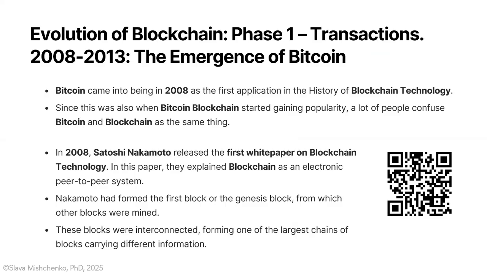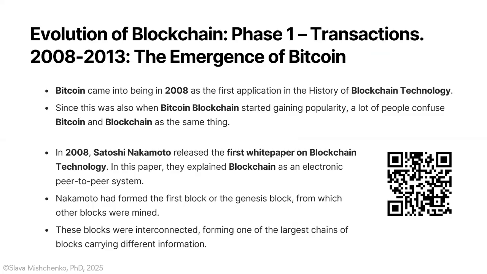But when Satoshi Nakamoto released that first white paper in 2008, I remember how it sent ripples through the financial technology community. And what made it so revolutionary was its description of blockchain as an electronic peer-to-peer system. And let me emphasize this point.